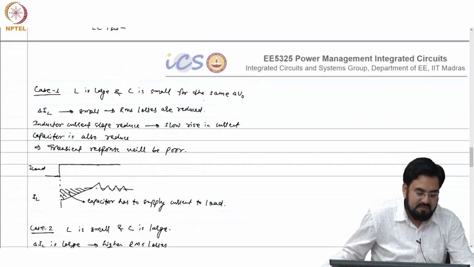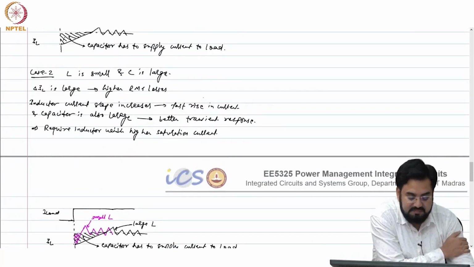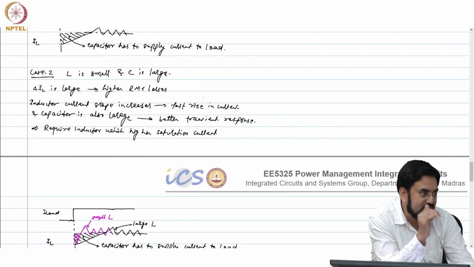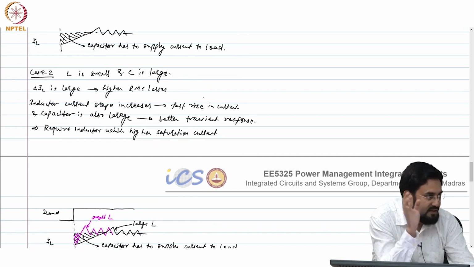So sometimes what happens, most of the time we try to reduce the inductor, but make sure it does not cross the saturation current of the inductor, otherwise the inductor will saturate and it will break.